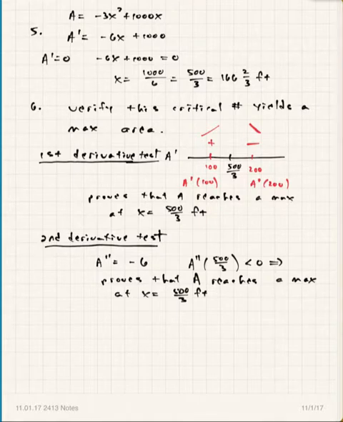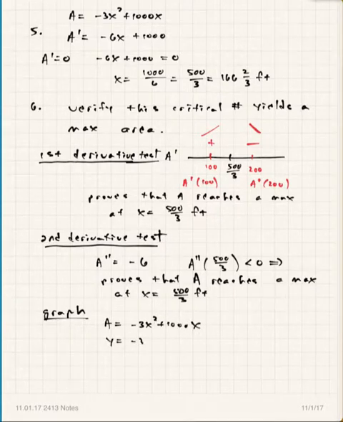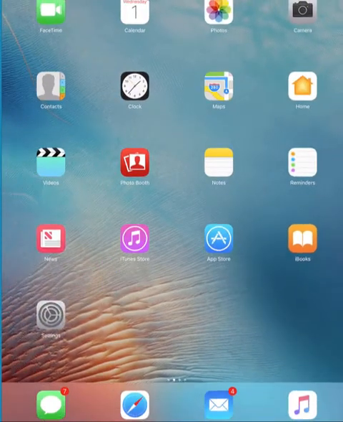Okay, now the third way is to actually look at the graph. So we want to look at the graph of A equals negative 3x squared plus 1000x, or y equals negative 3x squared plus 1000x, if you're going to graph it, for example, on a graphing calculator, and show that 166 2/3, or 500 thirds, actually does yield a maximum value. So we would go to our function here.